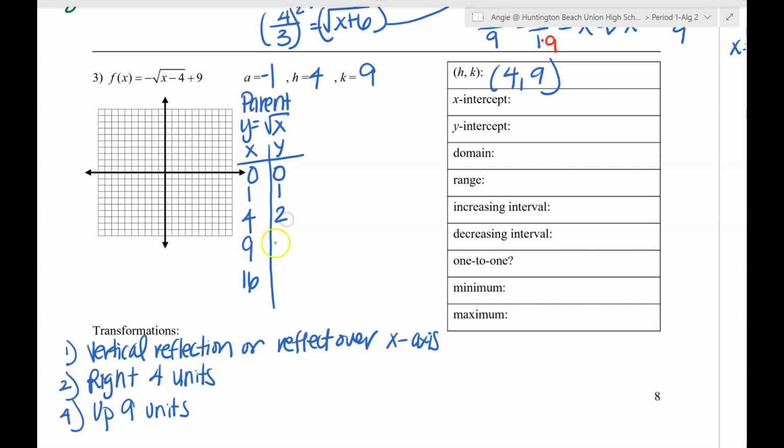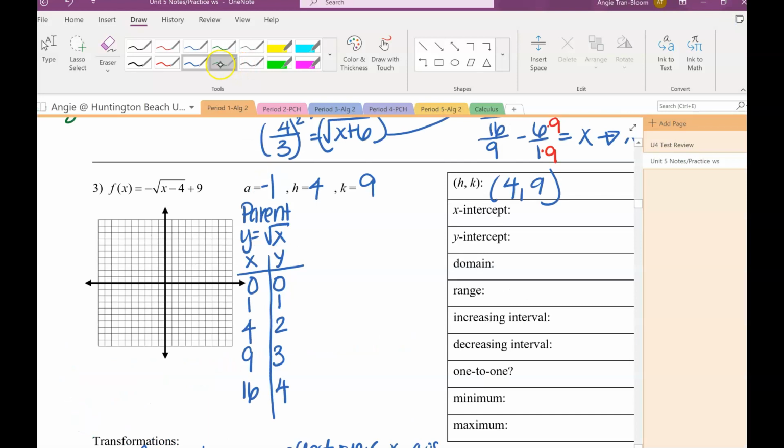All right. So with that said, I'm going to get a different color pen to make my transformation table. If you have an h value, then you're going to change the graph horizontally. Since h is 4, it's translating 4 units to the right, so we're going to add 4. The negative 1 a is going to get multiplied to the y because of vertical change.